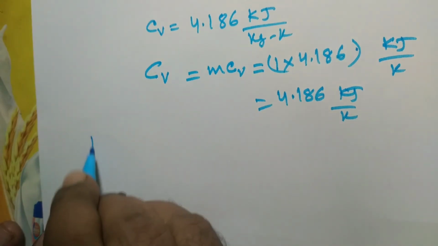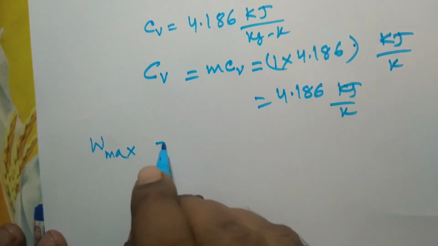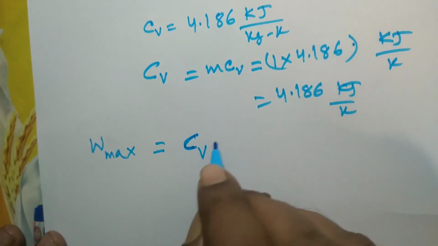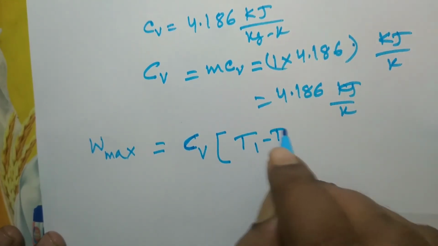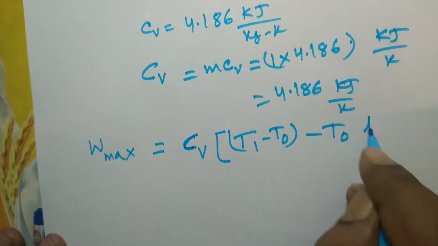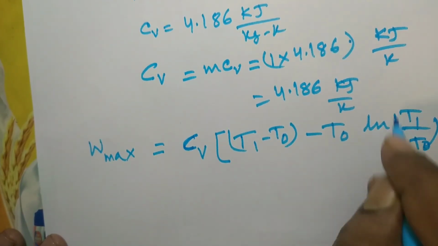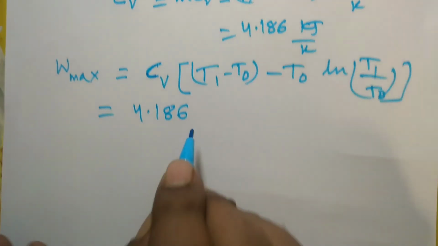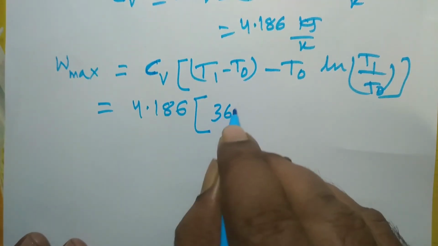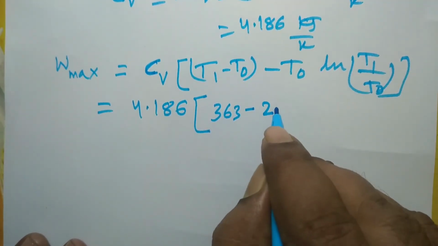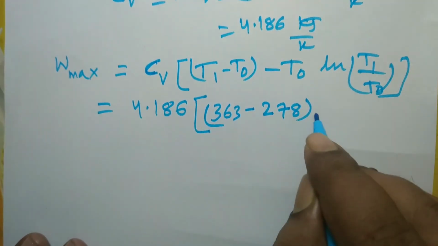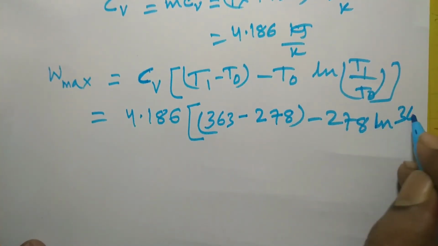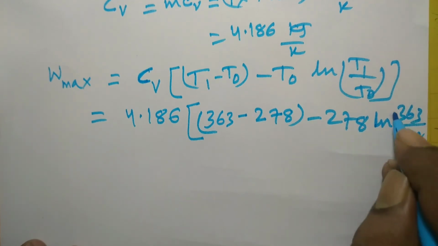So we were to obtain maximum work, so that is equal to, we will use that expression, that is capital Cv (T1 minus T0 minus T0 ln T1 upon T0), and this is equal to 4.186 (T1 is 363 minus T0 is 278 minus 278 ln 363 divided by 278).